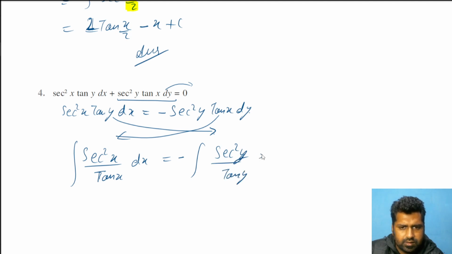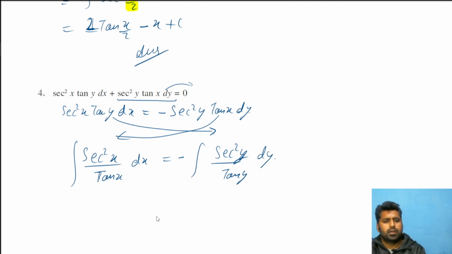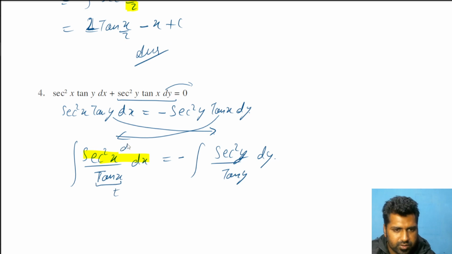Okay. Now sec is 1 by cos, sine by cos cancels. Still, I think a very direct approach right now, what I can think is just look at this sec square x dx. Does substitution come to mind or not? If this was t, the numerator was dt.